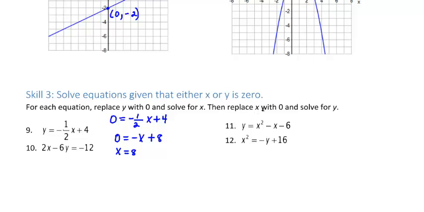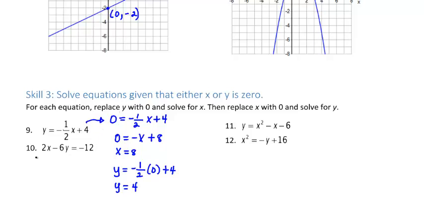Now we replace x with 0 and solve for y. That would give us y equals negative 1/2 times 0 plus 4. But 1/2 times 0 is 0, so we simply get y equals 4. Number 10 is 2x minus 6y equals negative 12.